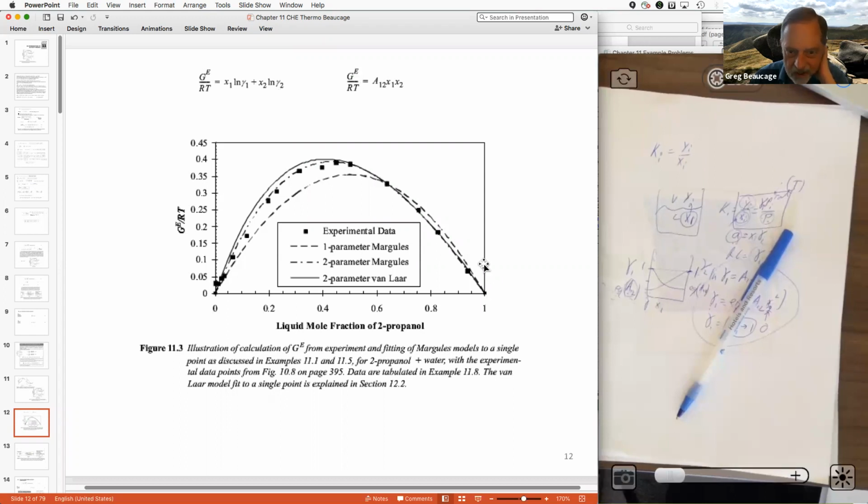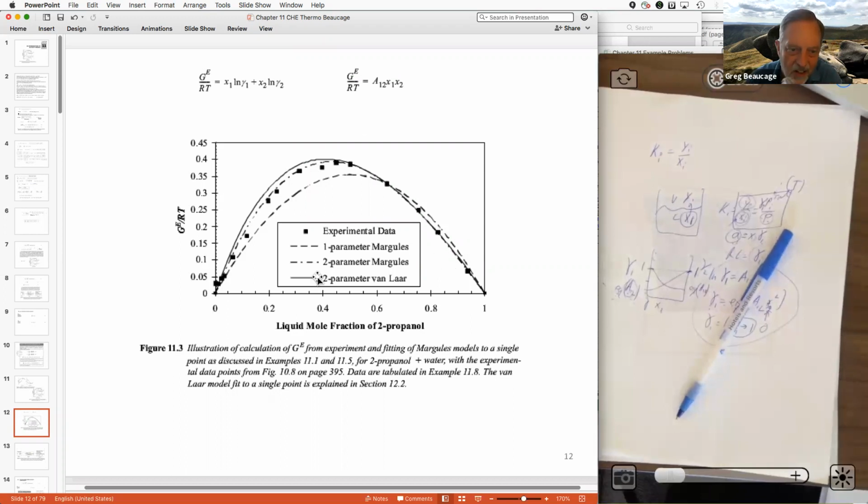So it's symmetric. That's the point. It's symmetric about 50%. It has to be because of the way this equation is written. So I can swap x1 and x2 and I'll get the same answer on opposite sides, like 25% and 75% have to have the same value. And they're both going to go to 0 at the limits, right? So it's symmetric, but the data isn't symmetric.